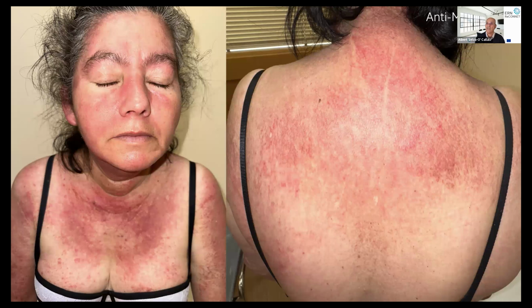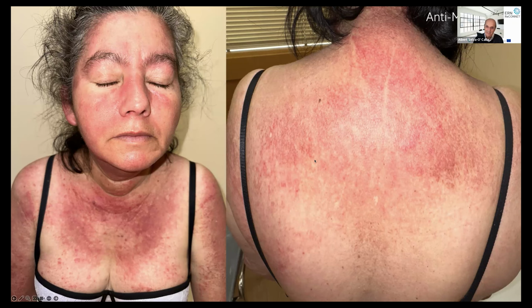So anti-MDA5 with a specific phenotype, anti-TIF1 gamma as a good marker of cancer in dermatomyositis, and this is another phenotype linked to an antibody, anti-Mi2. This is a typical classical dermatomyositis with muscle weakness, with a muscle biopsy with perifascicular atrophy, and with these characteristic skin lesions.